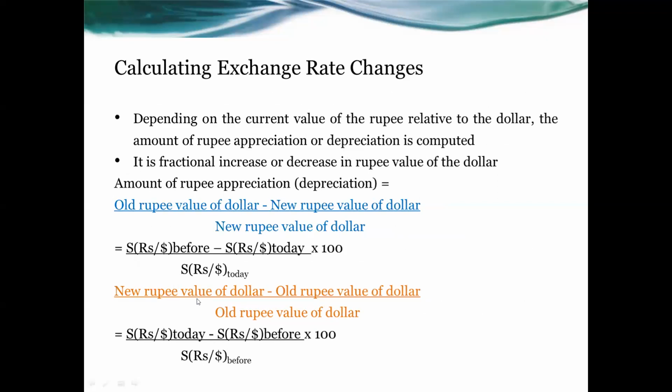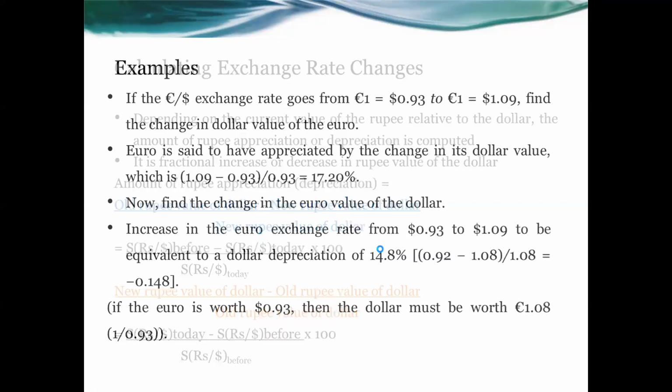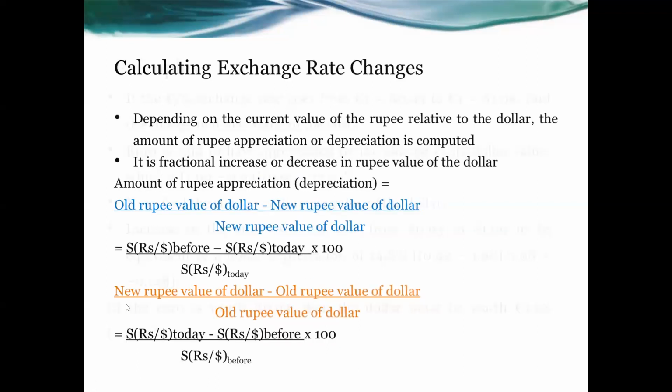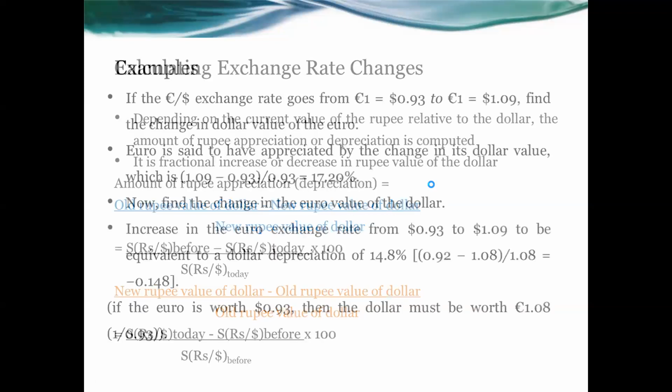But in some other cases we take new value minus old value divided by old value. So we can do it both ways. Your textbook takes the second formula, new value minus old value divided by old value. The things are not changing; only the way we express it.